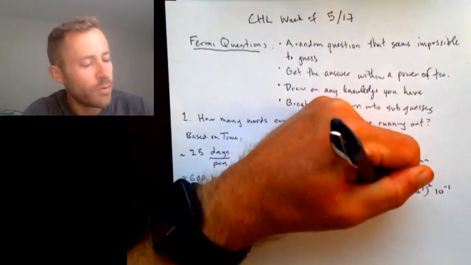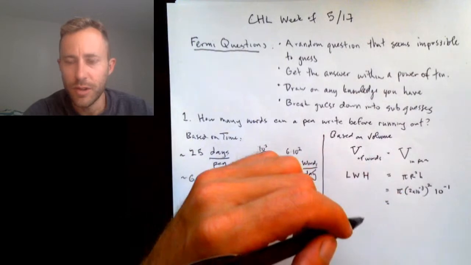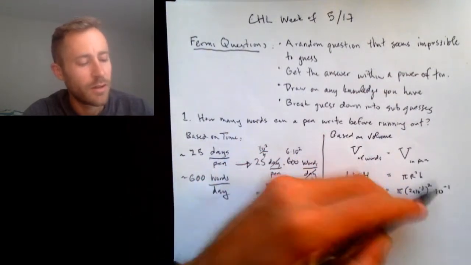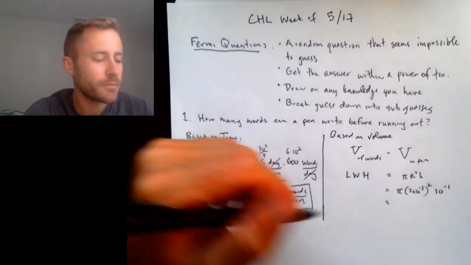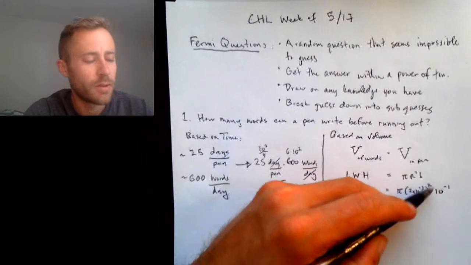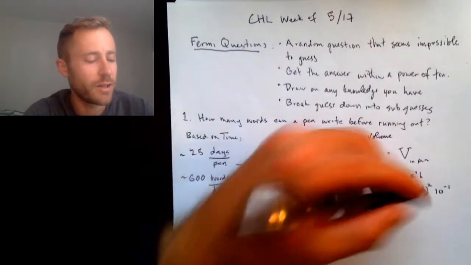Okay, so the volume of ink in the pen, I get 10 to the minus 3 squared, which is 10 to the minus 6, so 10 to the minus 6 times 10 to the minus 1 is 10 to the minus 7.